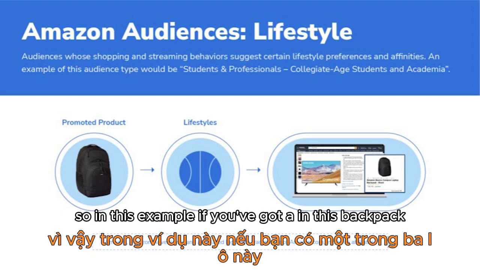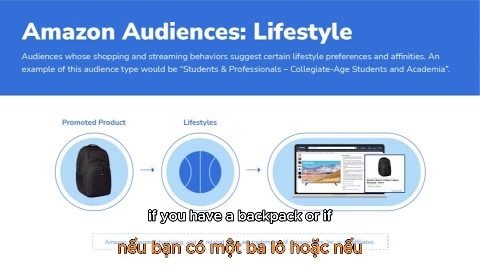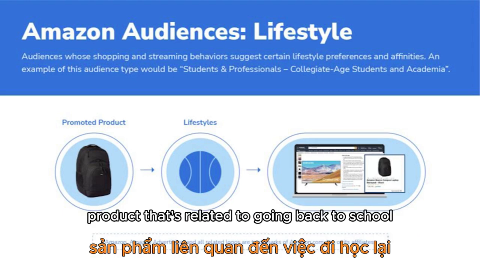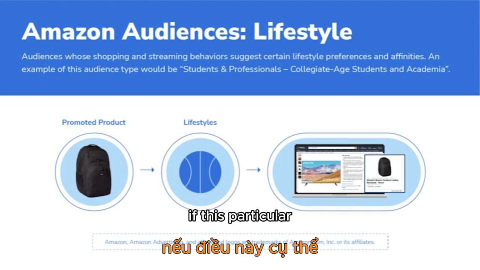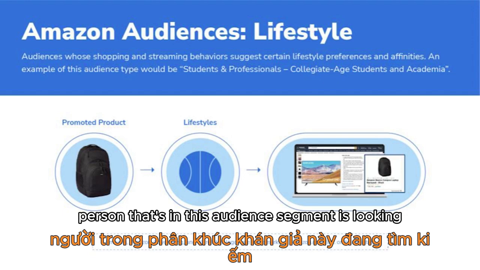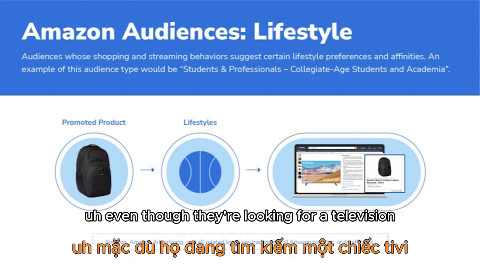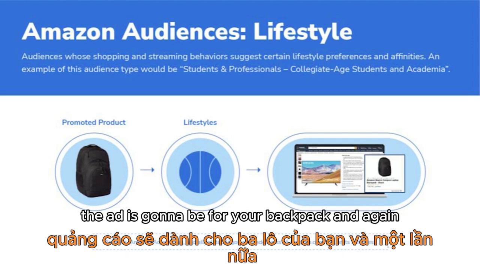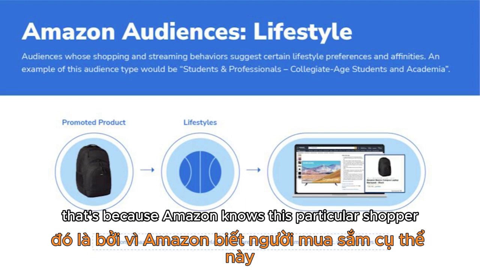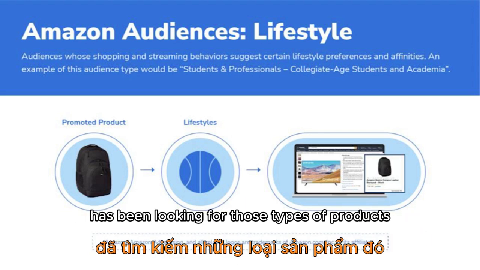So if you have a backpack, or any product that's related to going back to school, and this person in this audience segment is looking for a television, as you can see in this example, even though they're looking for a television, the ad is going to be for your backpack. And again, that's because Amazon knows that this particular shopper has been looking for those types of products.